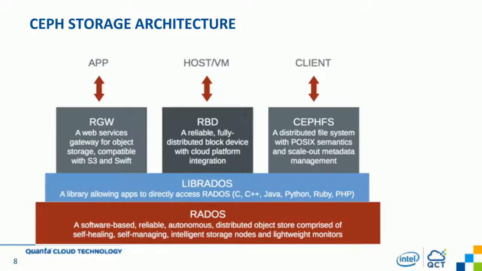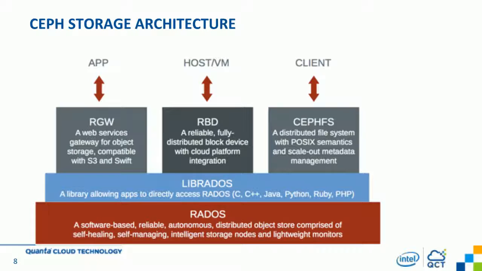The RBD is the RADOS block device, and it provides persistent block storage, which is thin provisioned, resizable, and stores data striped across multiple OSDs. So this way you get performance.